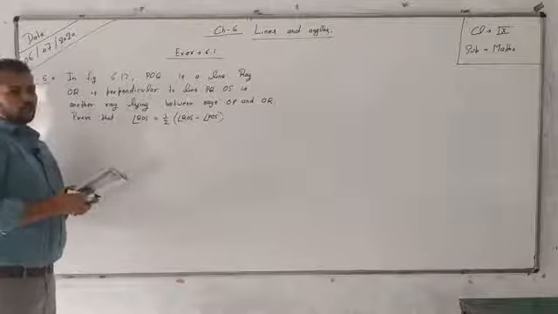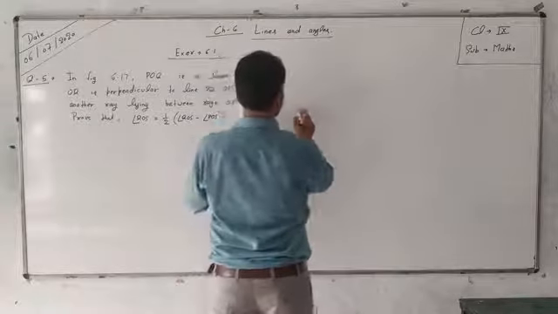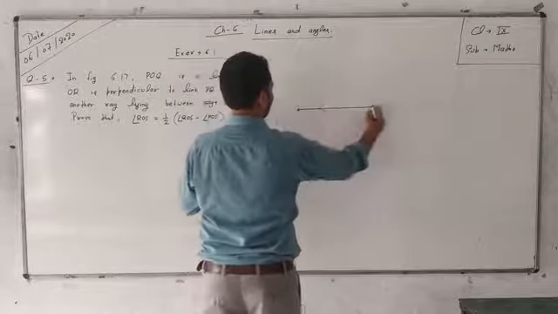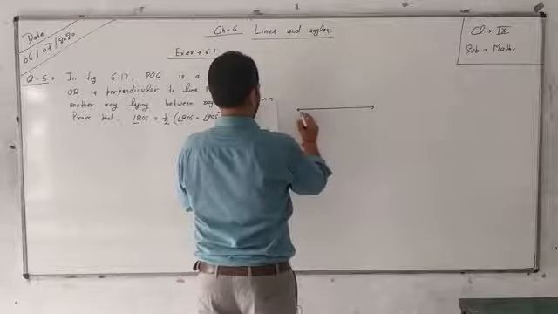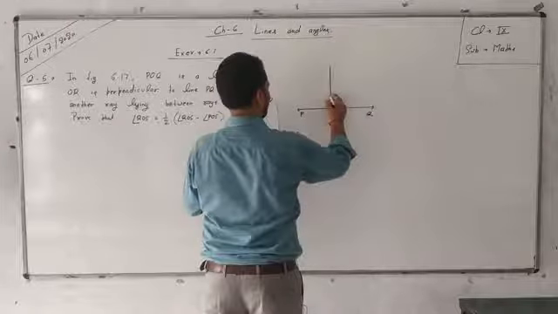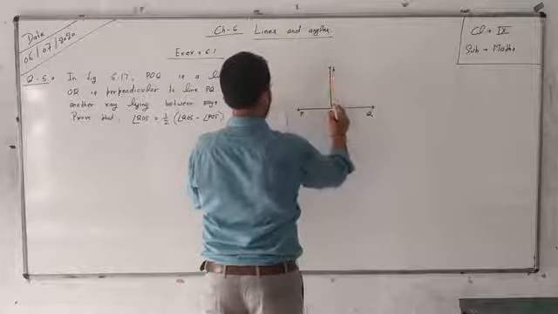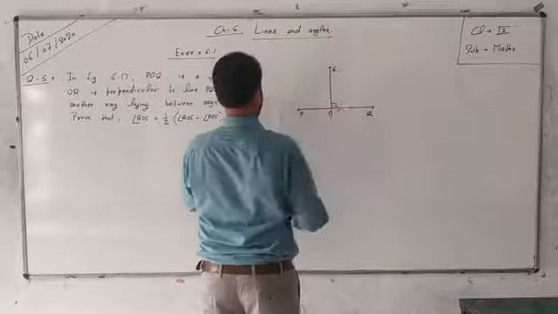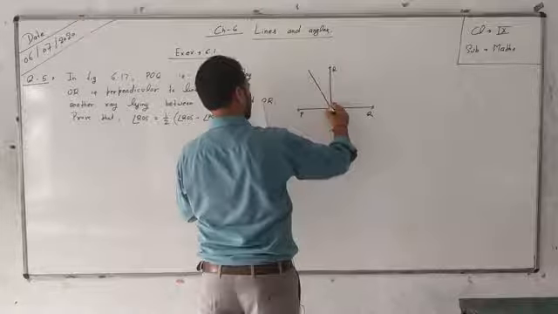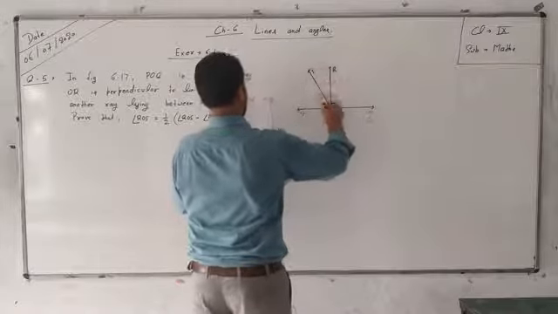This is your question, and the figure for this question is, this is a line PQ. This ray OR is perpendicular, and another ray is OS.